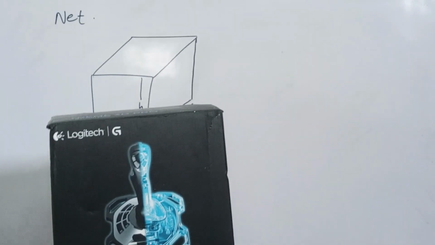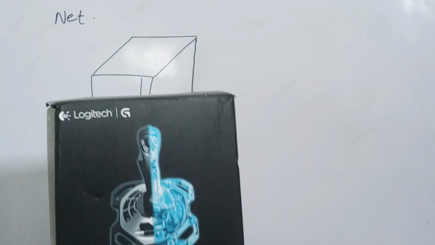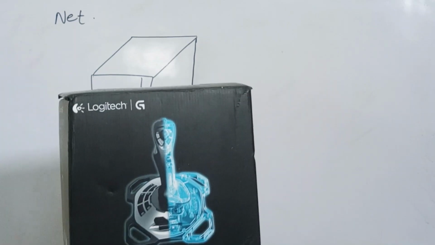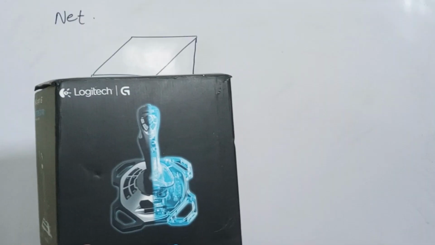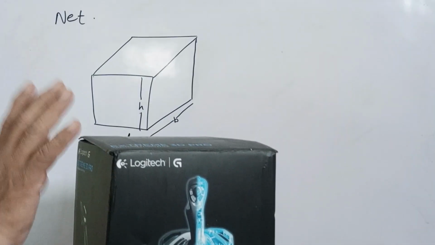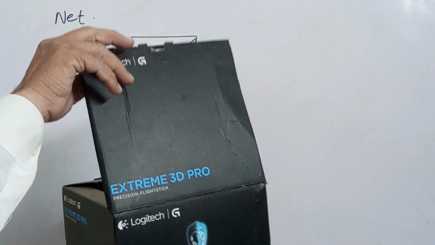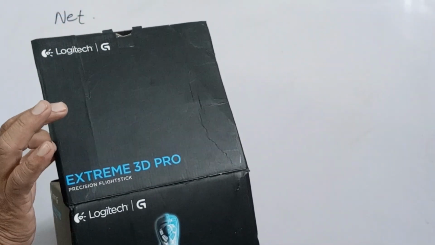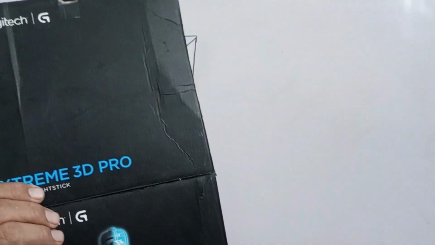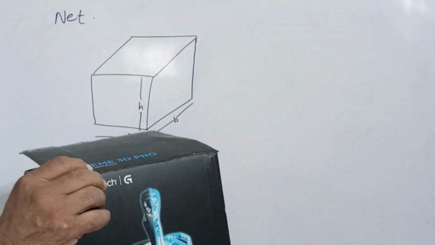I am not concerned with the contents of this box, but I am concerned with what this box is. This box is a cube. Now if I open the flaps of this cube, what will happen? You see that this flap has been opened. There are 6 such flaps in this box.